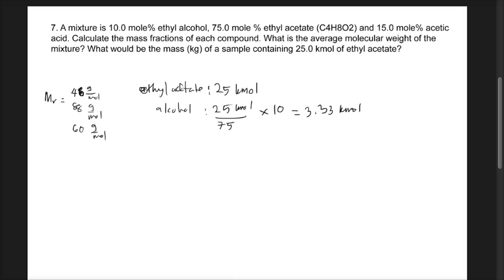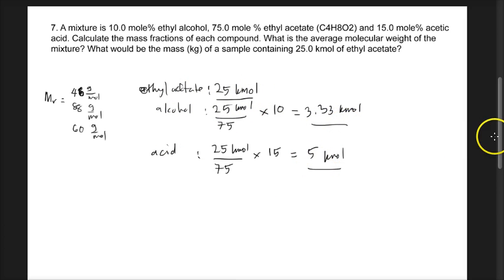And then for acid, it's the same thing, but acid is 15% of the total mixture, so that's 25 kilomole, still divided by 75 because we want to get the 1%, and we multiply it by 15, so we get 5 kilomole. And now we have all the moles of each compound. For ethyl acetate is 25 kilomole, alcohol is 3.33 kilomole, and acid is 5 kilomole.